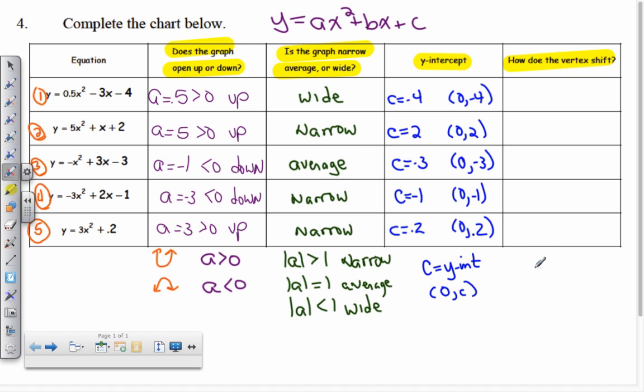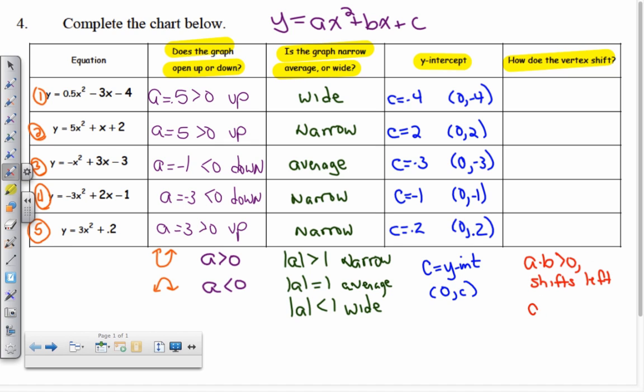Hopefully you can see that if we multiply the A times the B, and that is greater than 0, that means your shift is going to be to the left. So that vertex shifts left.